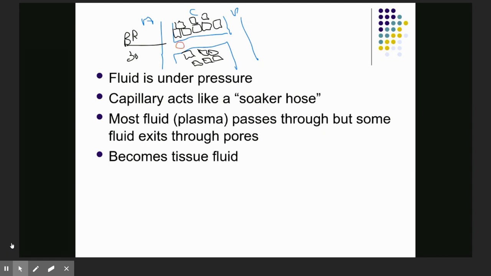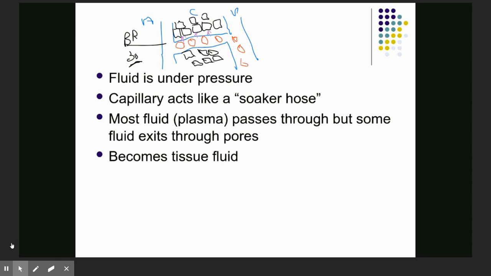So the red blood cells stay in and they go this way into the vein. Proteins, white blood cells, most of those just keep on going into the vein, but fluid can leak out. And if the pressure in this capillary is high, like it is, 30 millimeters of mercury, fluid is going to leak out of this capillary.